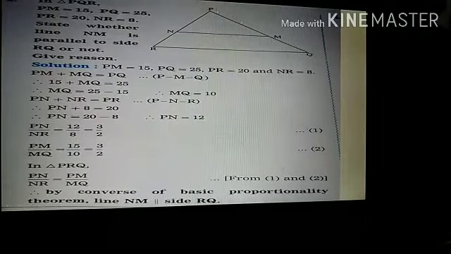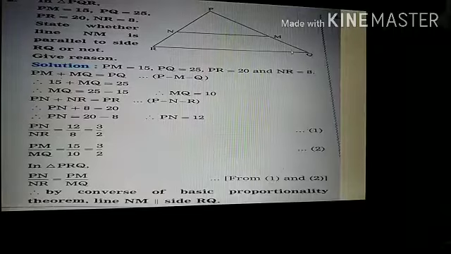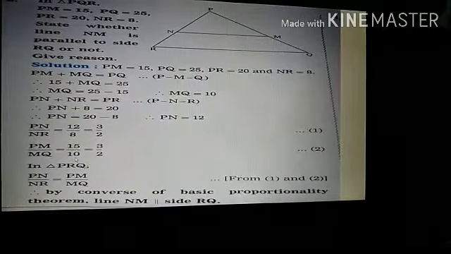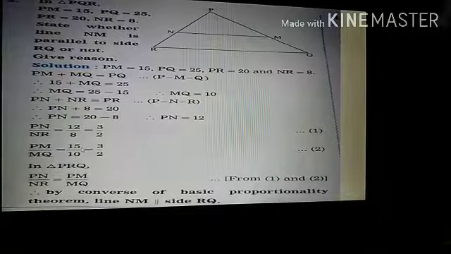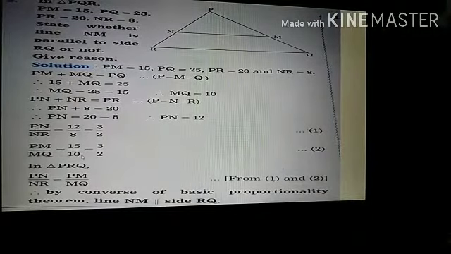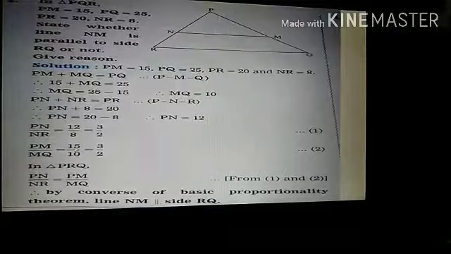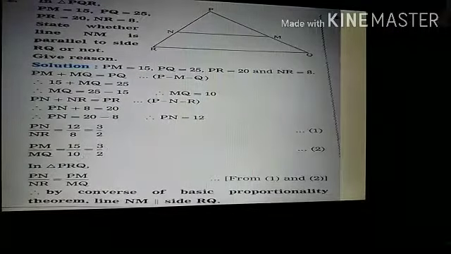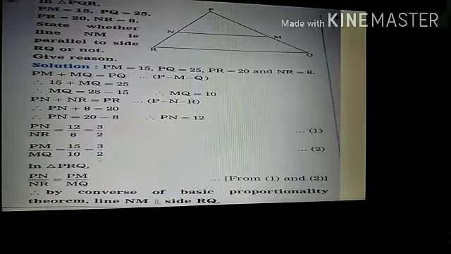Now, ratio of PM upon MQ, which is 15 upon 10. Here we can see both the numbers are divisible by 5. So we divide the numerator and denominator by 5. 15 divided by 5, the answer is 3. 10 divided by 5, the answer is 2.